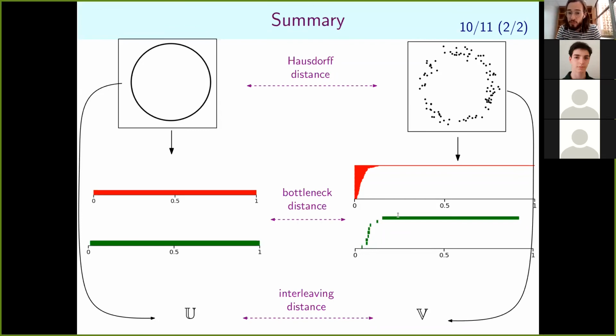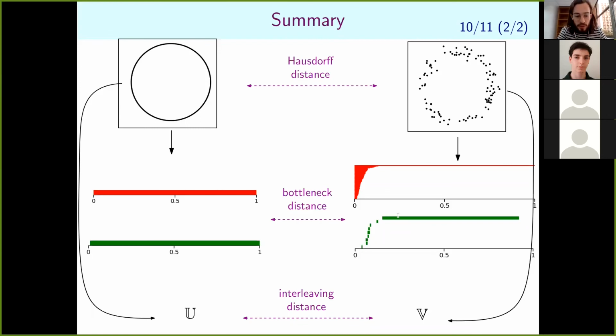In general, these kinds of methods are very unstable, but persistent homology does not suffer too much from noisy points, thanks to the stability theorem.